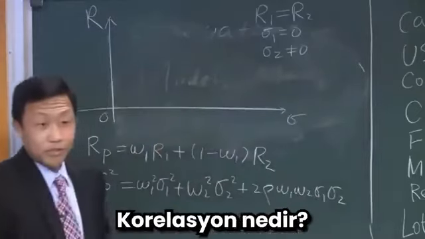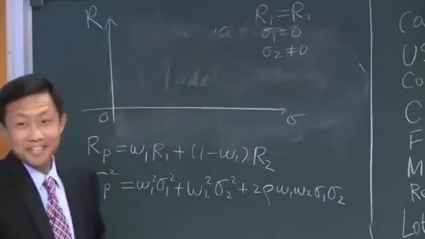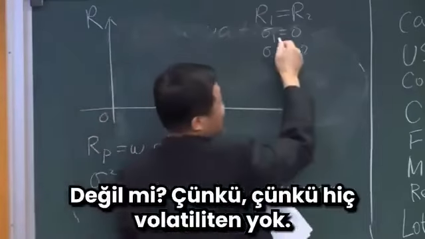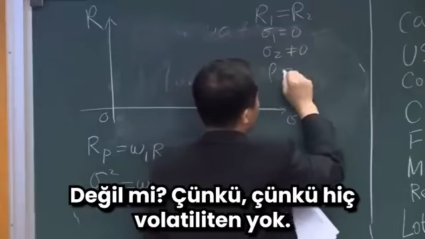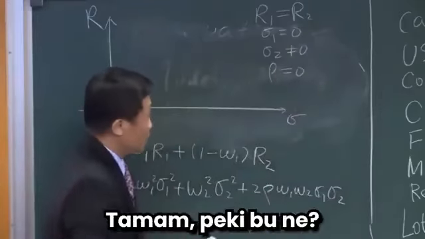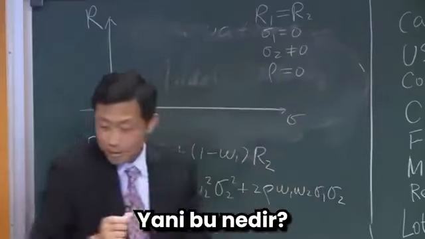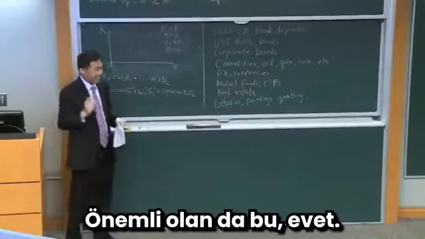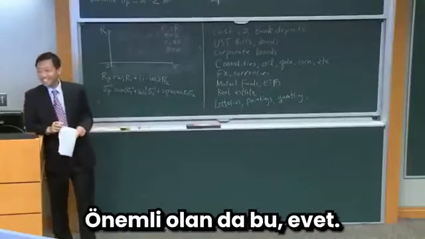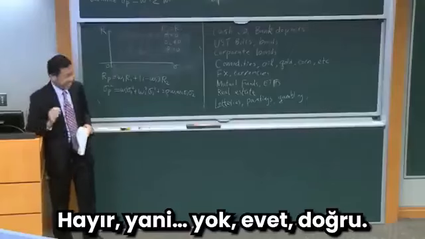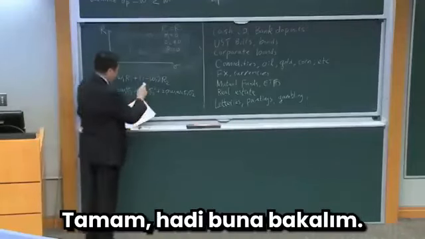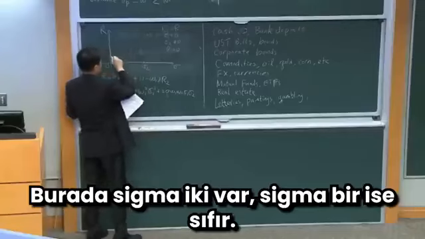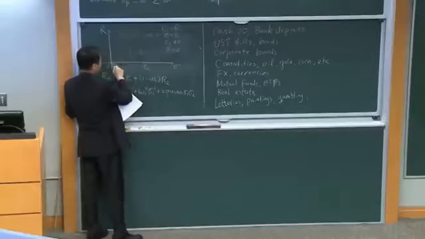What is rho? What is the correlation? 0, right? Because you have no volatility. What's that? It's really undefined. Yes, no covariance. That's right. Okay, so let's look at this. So you have sigma 2 here. Sigma 1 is 0.